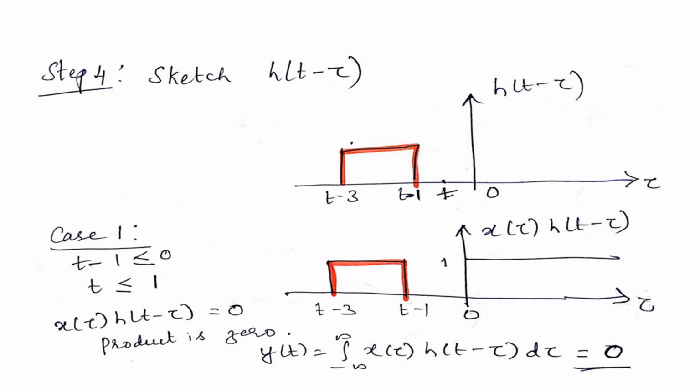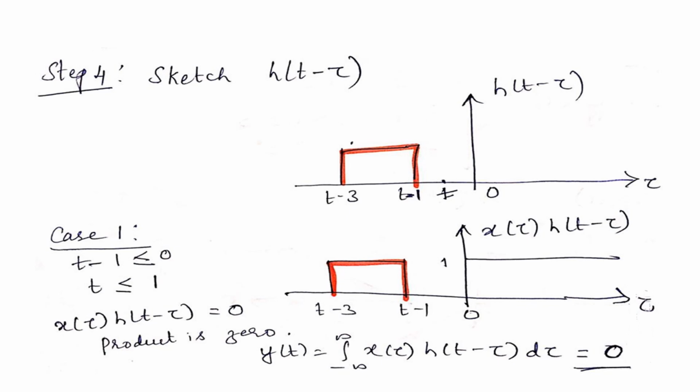So what if it is less than 0? To get a better understanding, we have both the signals on the same graph, x of tau and h of t minus tau, computing the product. We have both of them together.